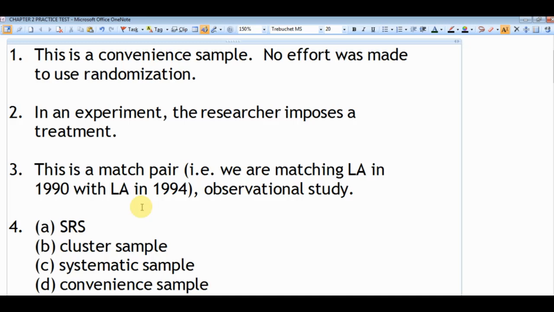Yes. We match the data from 1990 to the data in 1994. For example, if Los Angeles was one of the cities included in the study, we measured Los Angeles both in 1990 and in 1994. And then we took a look at the loss or the gain in that 4-year period.